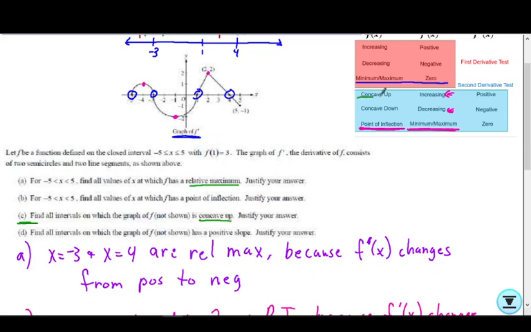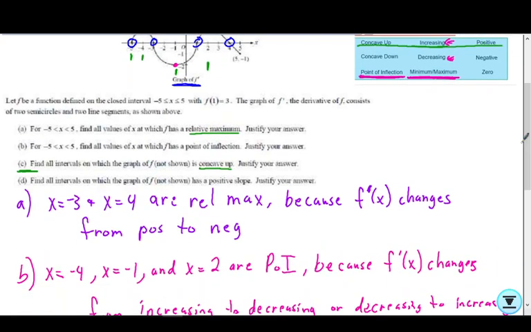It's concave up when my second derivative is positive, or when my first derivative is increasing, so where my first derivative is rising. From -5 to -4, my first derivative is increasing. And from -1 to 2, my first derivative is increasing. So those intervals are where my function is concave up.